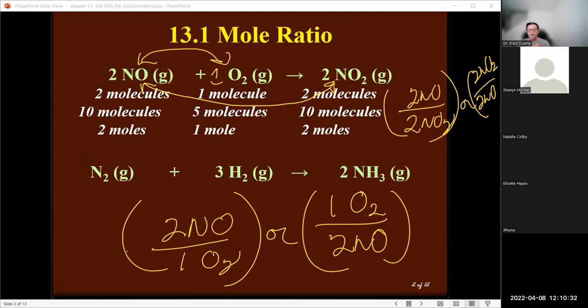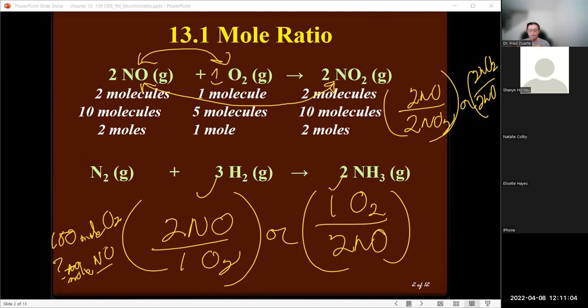And so, for example, if the question says, if I have 100 moles of oxygen, okay, how many moles of NO do I need? Okay, so that's the question. And so I look for the relationship between oxygen and nitrogen monoxide, which happens to be the 2-to-1. So I'm going to use either this one or this one.